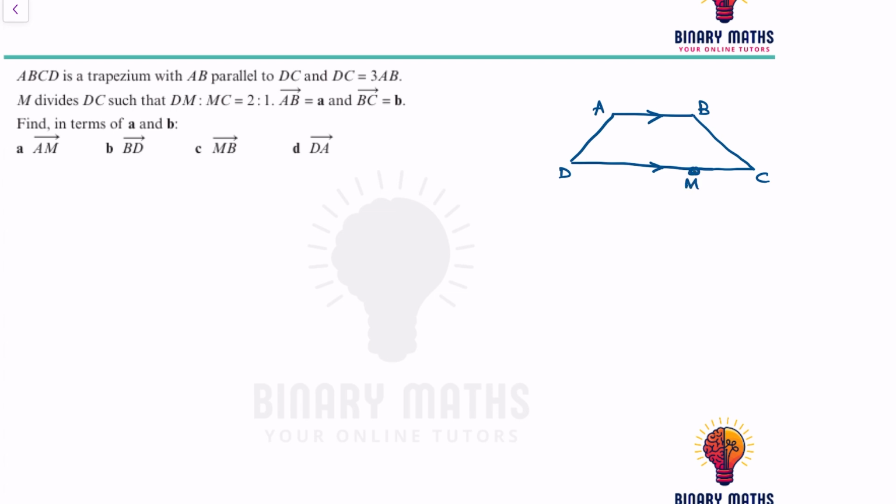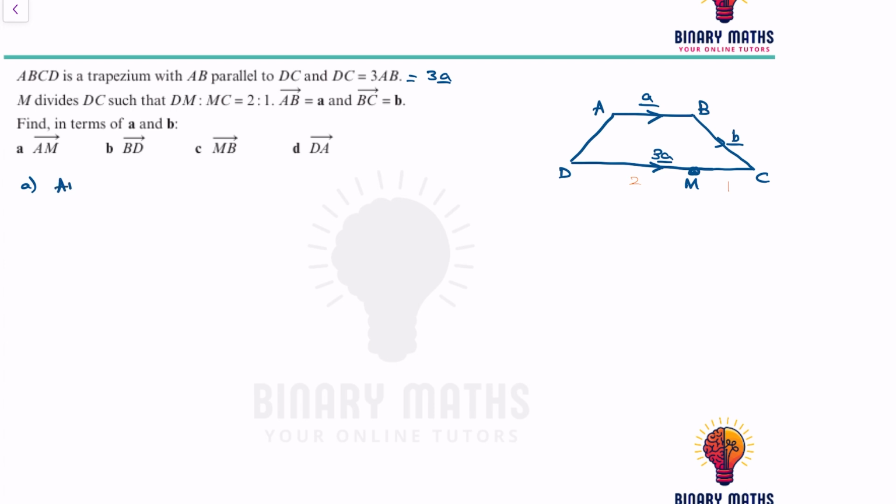So M is here, where this part is 2 and that part is 1. A to B is equal to A, which means DC is 3 lots of AB, so it will be 3 lots of A. And we also know B to C is equal to B. That's my diagram.